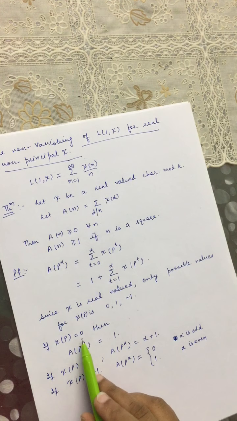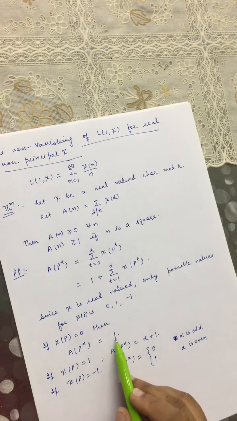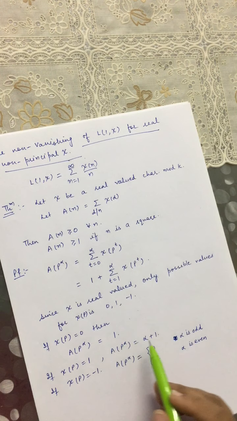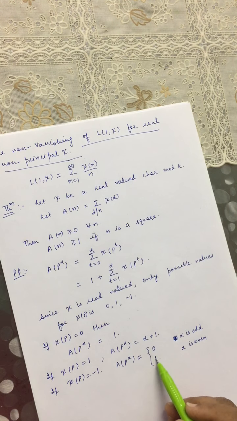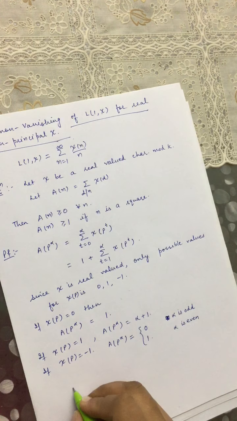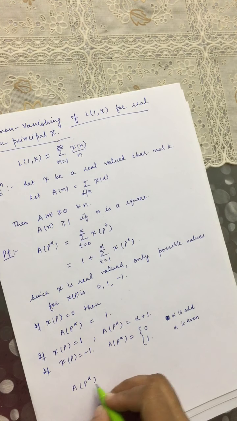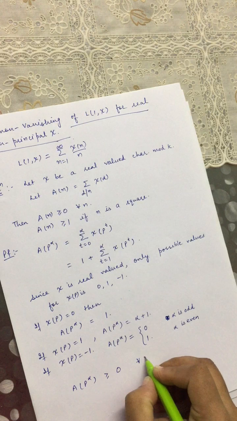So in all the cases, a(p^α) has value 1, α plus 1, 0 or 1, and so in all the cases this is greater than or equal to 0.